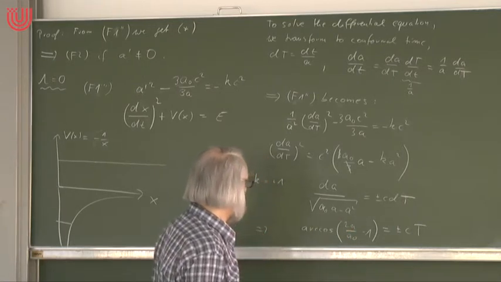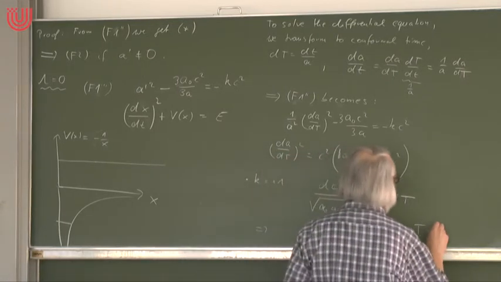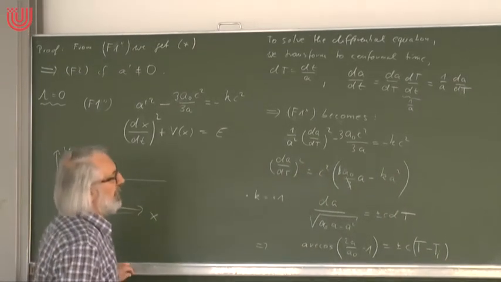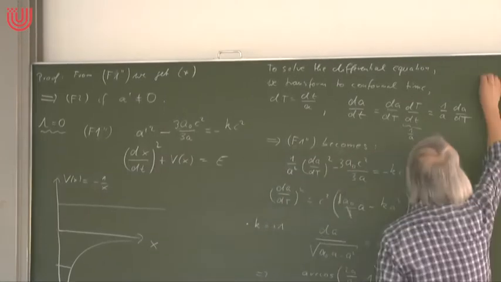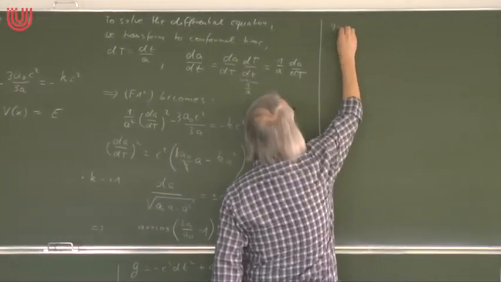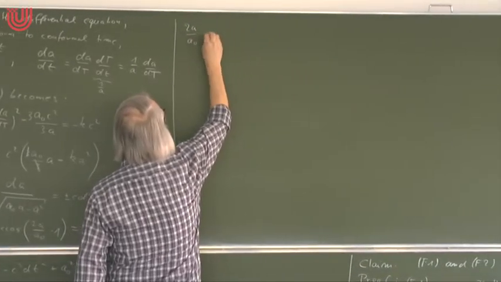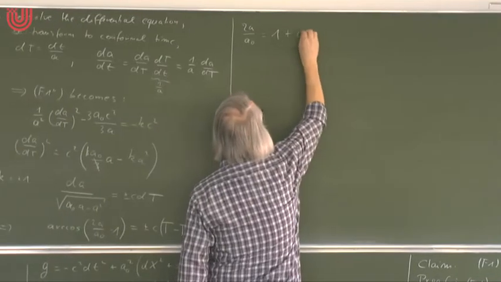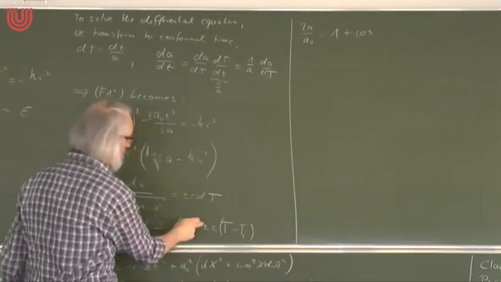let me see, let me write the T. Let me see what it is. Okay, then I apply a cosine on both sides. So then I have 2A over A naught. I take this to the other side, and I have plus cosine. Under the cosine, the plus minus sign goes away. Yeah?